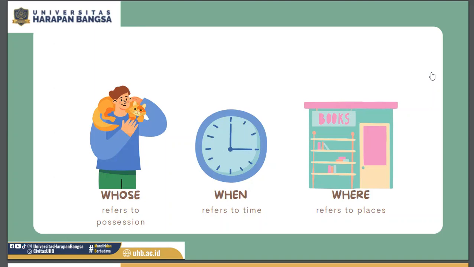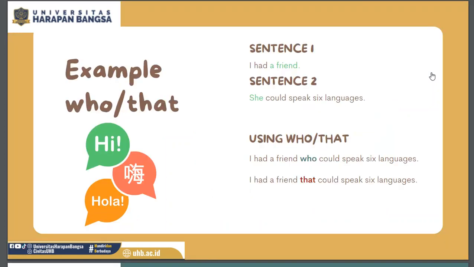Okay, I will give you some examples. The first example is the use of who or that here. I wrote that here because that is used for people, things, and animals.